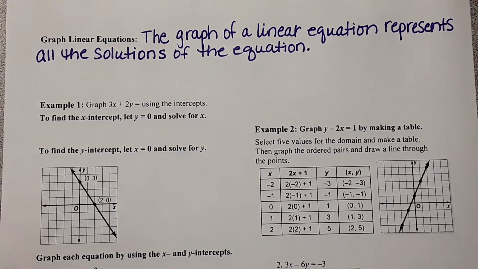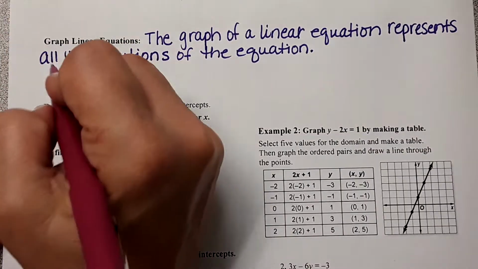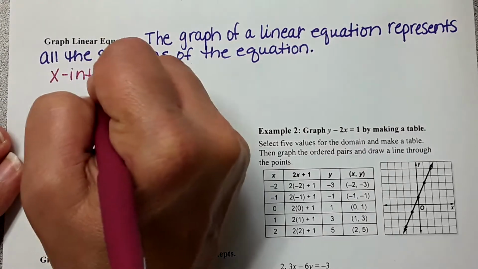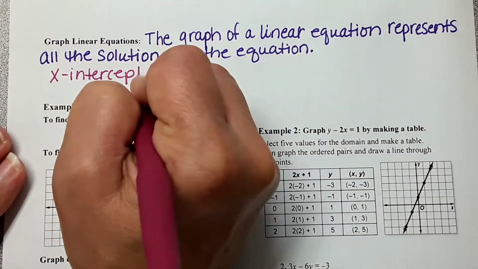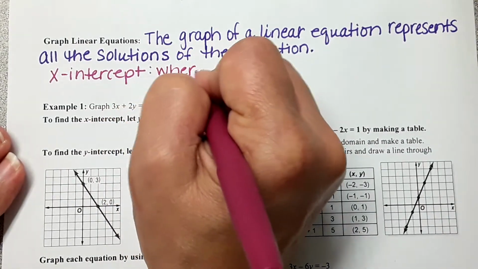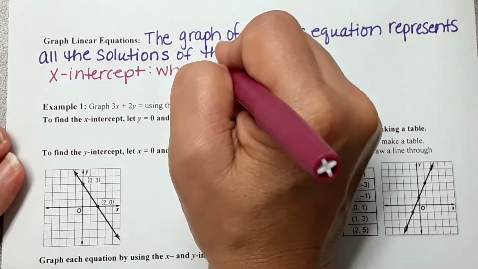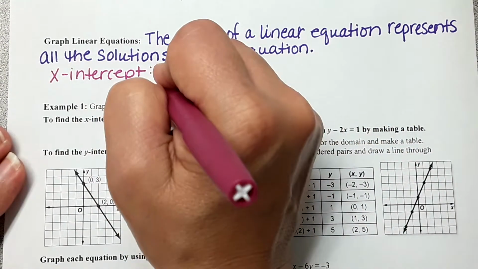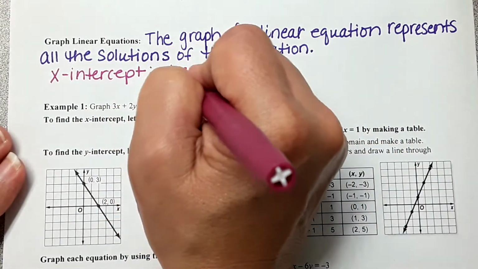But what we're going to do is focus on 2 points. We're going to focus on the x-intercept and the y-intercept. So the x-intercept is where the line crosses the x-axis.